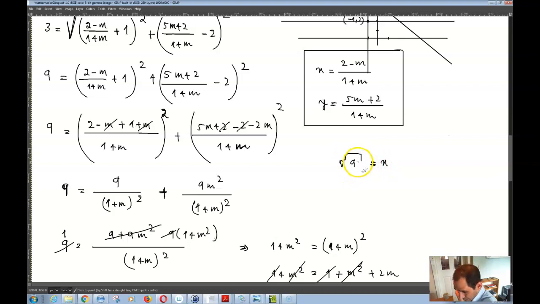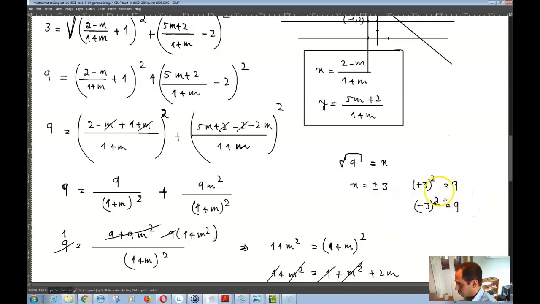What that means is that x is equal to plus or minus 3, meaning that positive 3 whole squared is equal to 9 and negative 3 whole squared is equal to 9.